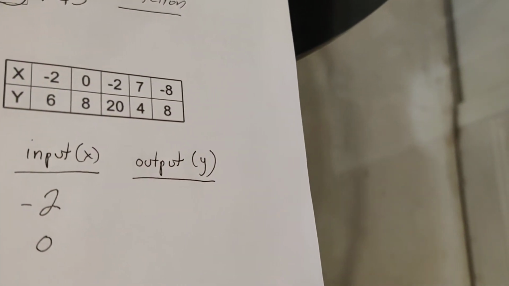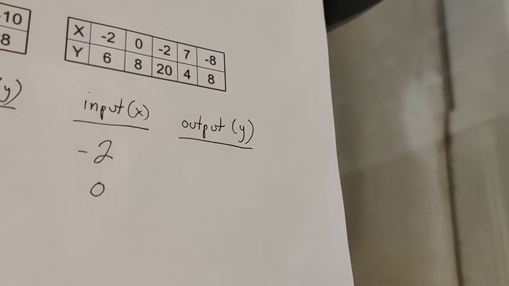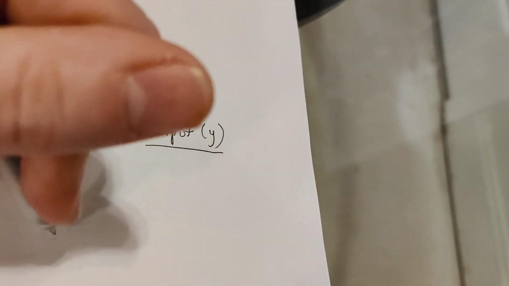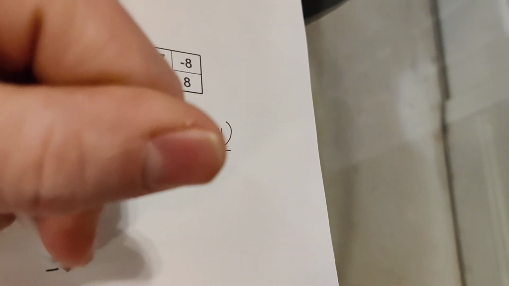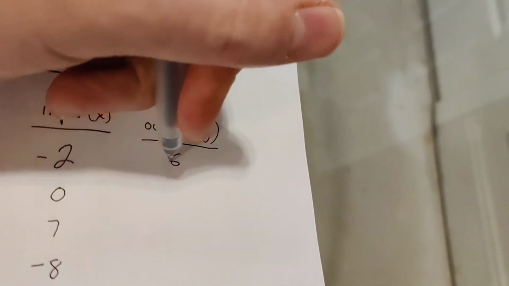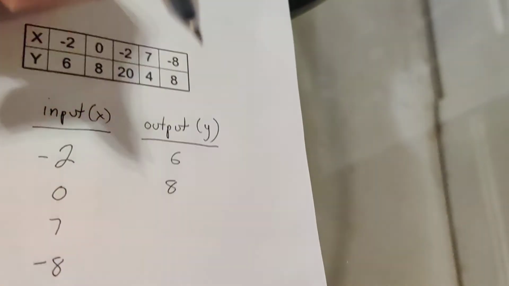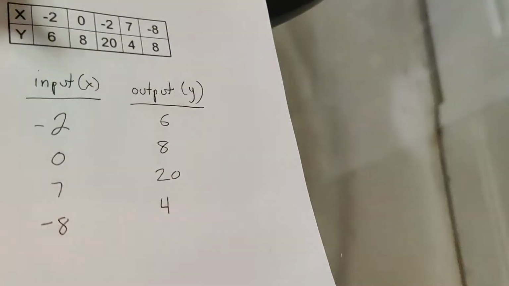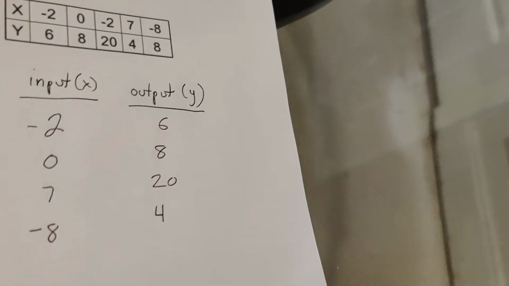We have -2 again, so like we were saying before, we're only going to include it once. We have 7 as well as -8. Outputs, we have 6, 8, 20, 4, and 8 again, so we'll only include it once.